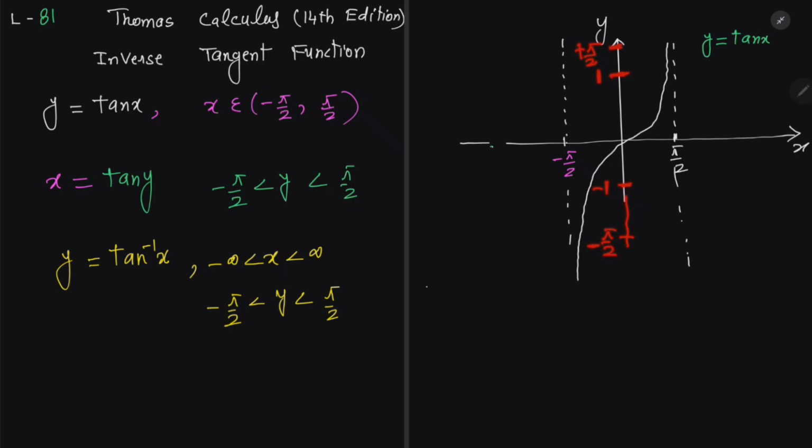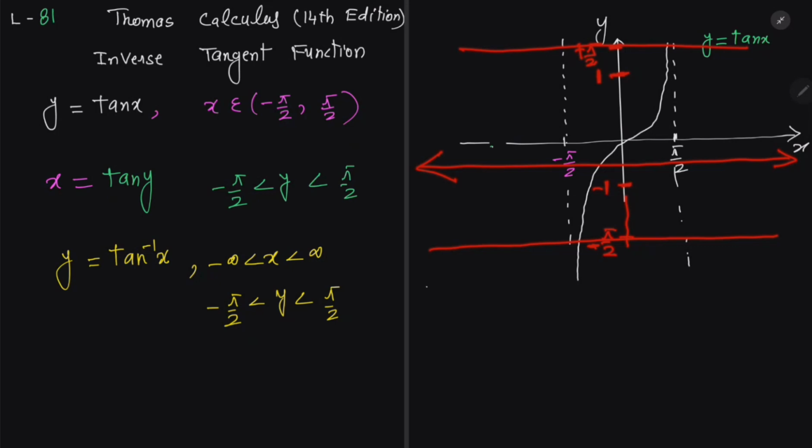Now, the domain is minus infinity to infinity. It means that it can take any value on the x-axis. But on the y-axis, it cannot cross pi by 2 and minus pi by 2.